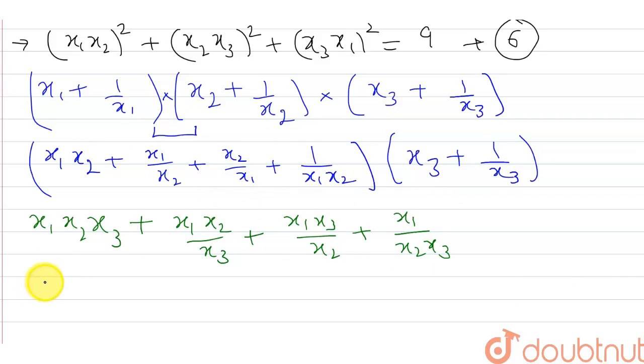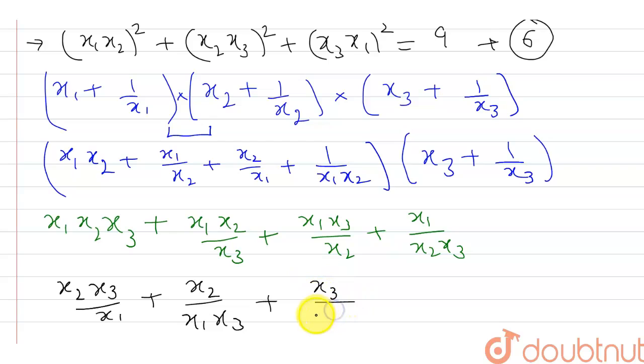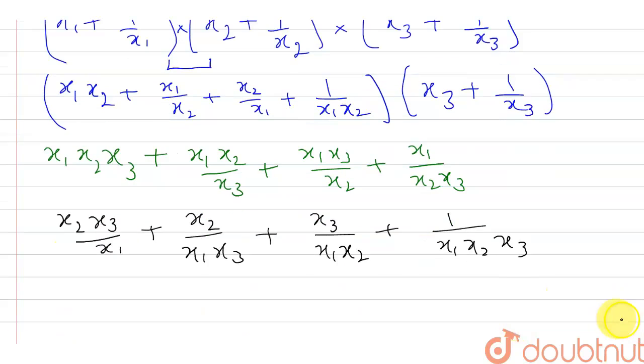So this will give me x2 x3 upon x1, plus the product of these two will give me x2 upon x1 x3, plus now I will multiply this term, so this will give me x3 upon x1 x2, plus multiplying these two terms will give me 1 upon x1 x2 x3. I got my 8 terms. So I have to calculate them.